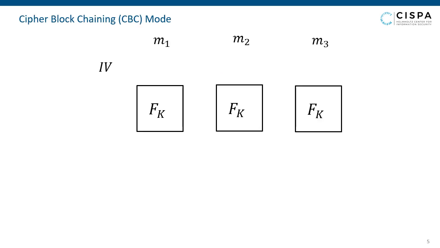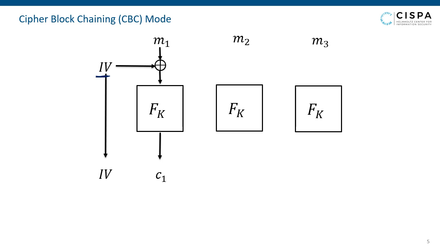The second mode of operation we look into is the so-called cipher block chaining mode, or CBC mode. How does this work? First, a so-called initialization vector, or IV, is chosen uniformly at random. This IV will be part of the ciphertext. Now take the first message block M1 and XOR it with the IV and run this through the pseudorandom permutation, obtaining a first ciphertext component C1.